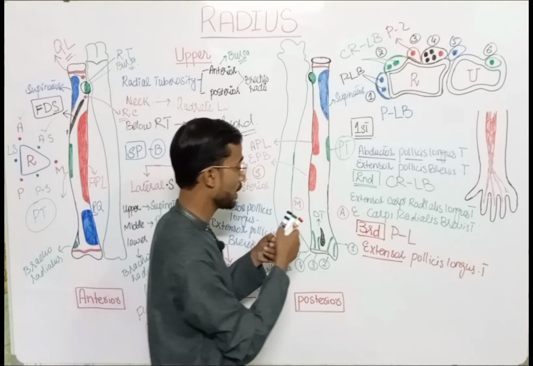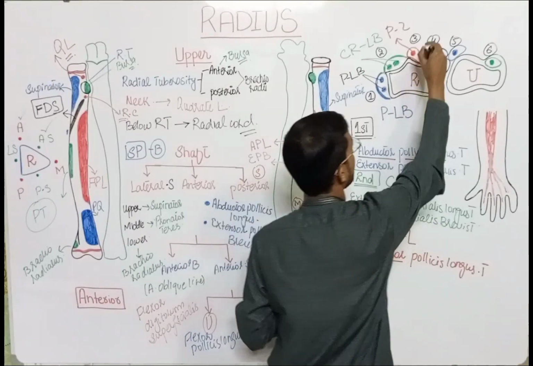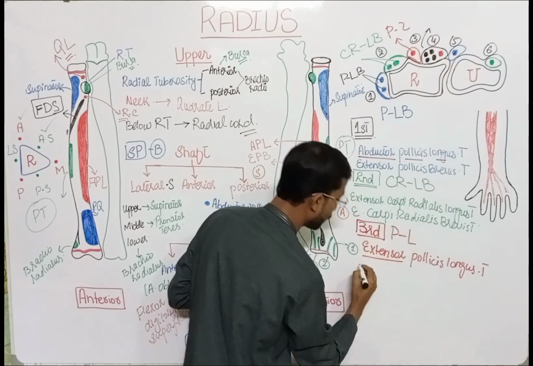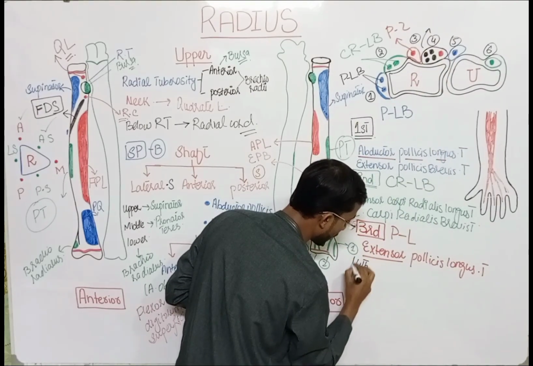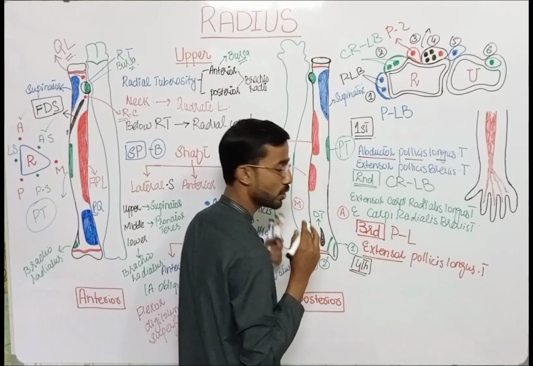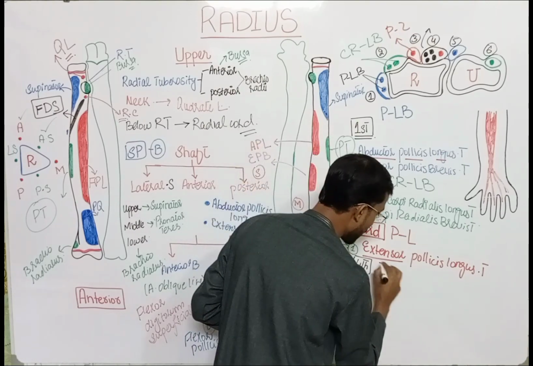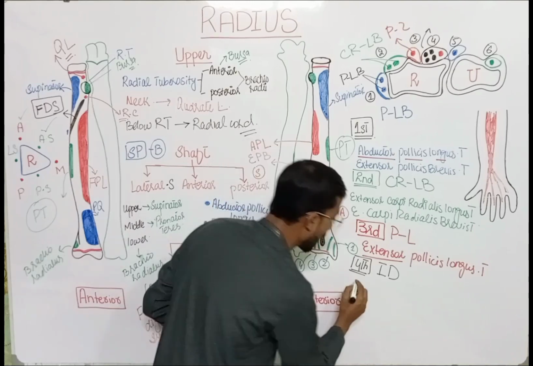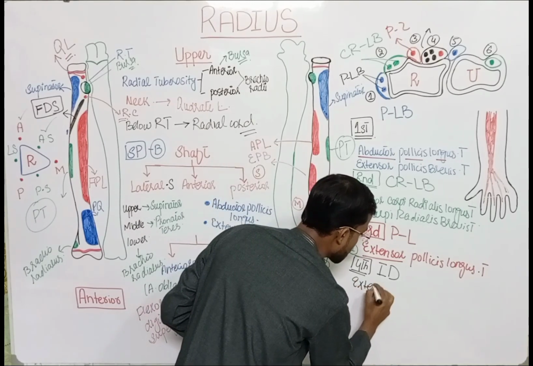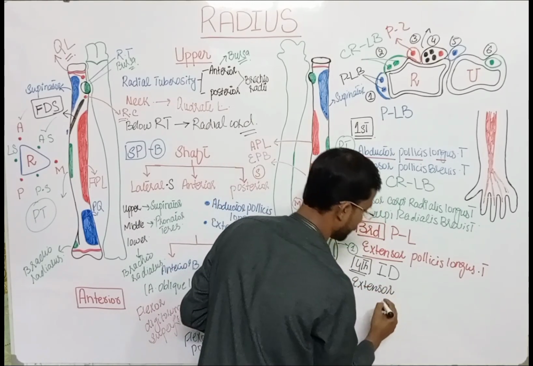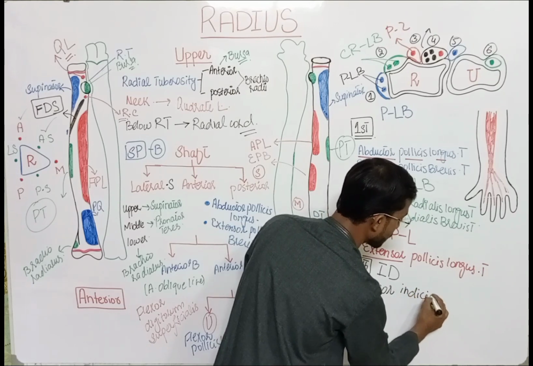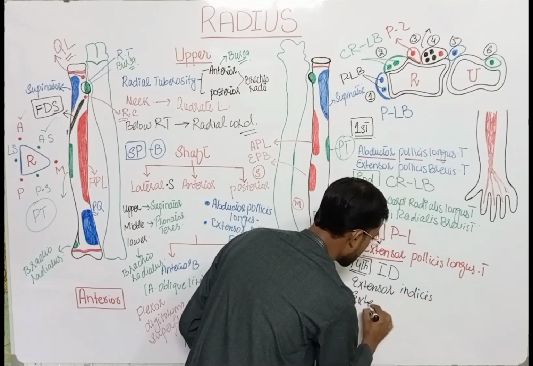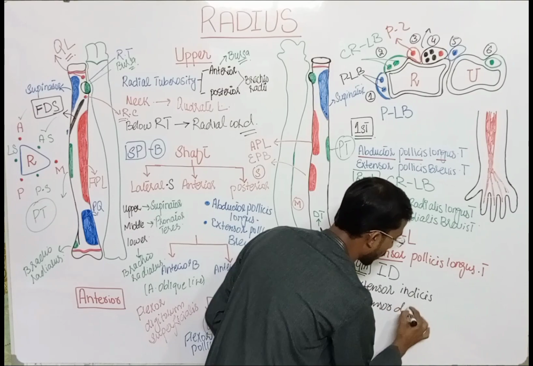Okay. Now fourth is very important, the fourth compartment. In the fourth compartment you will see two things. You can remember it by the ID. So in that case you will see the extensor indicis and extensor digitorum.